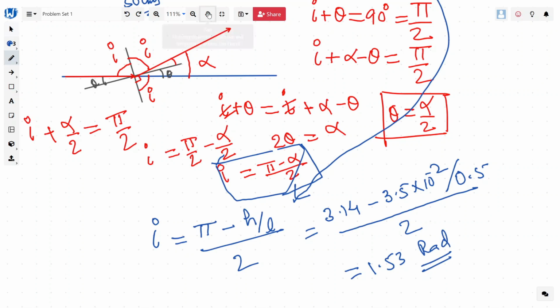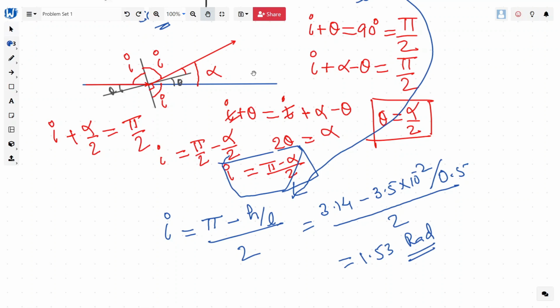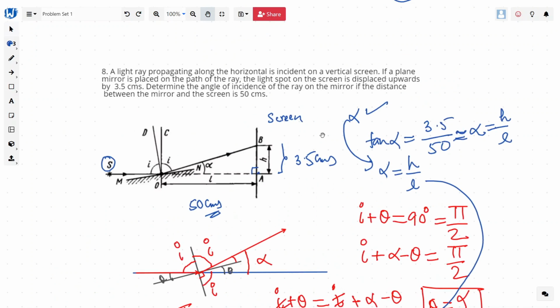So think about it, how we approached the problem and how we found the solution. When we looked at it, we can clearly see we know the alpha, and we have to find I. So if we can find a relationship between I and alpha, the problem will be solved. That was our approach. And because h is smaller compared to 50 centimeter, tan alpha is going to be equal to h by L, so we know alpha for sure.